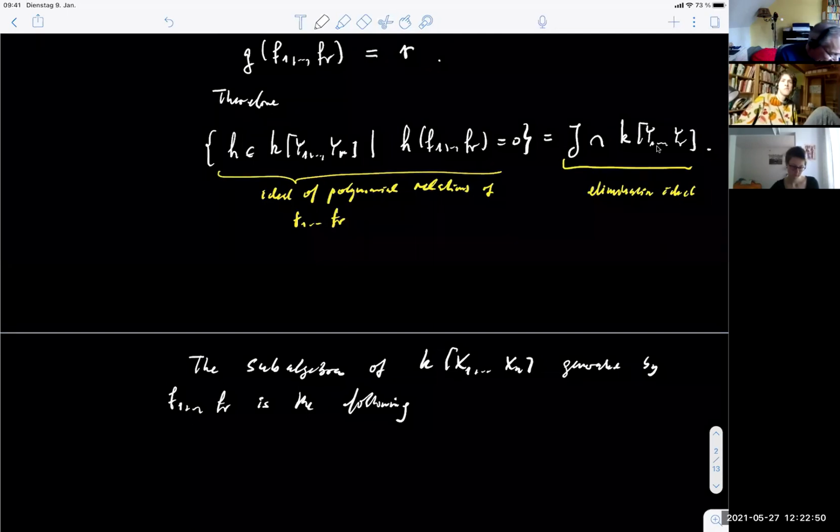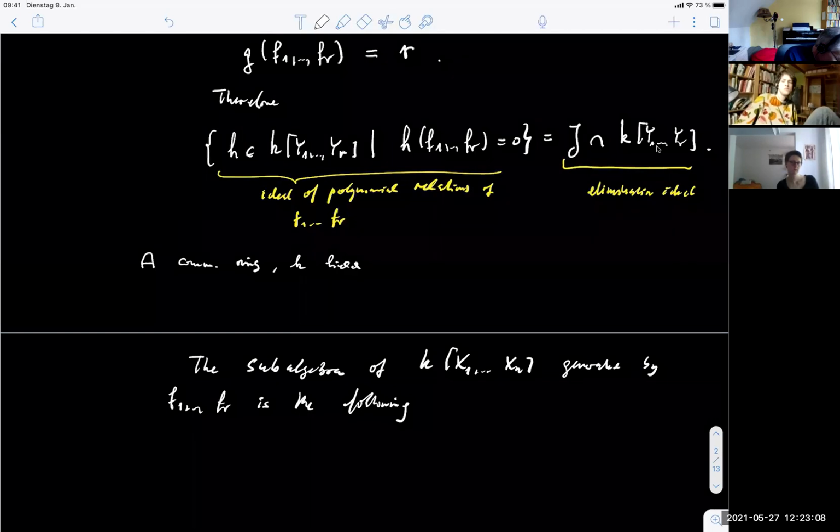Let me say it again generally. A is a commutative ring, and K is a field.